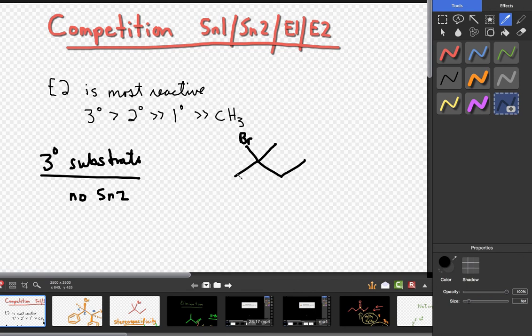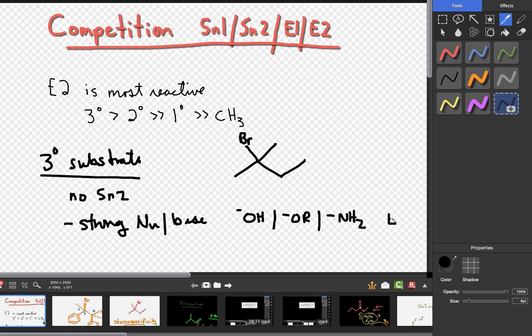So the question that we have to answer is, what is the nature of the nucleophile slash base? If I have a strong nucleophile slash base, like a hydroxide or an alkoxide or an amide, then this mechanism is going to be E2 all the way.